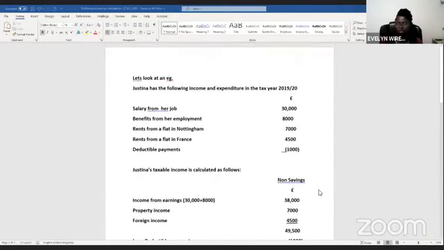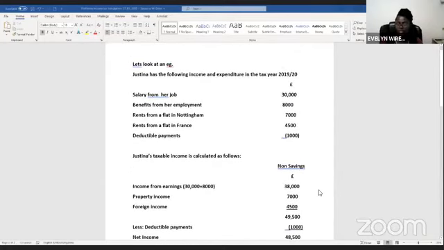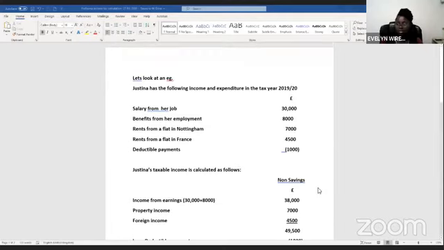Okay, let's have a look at what is on the screen. I've taken an example where Justina has the following income and expenditure in the tax year 2019-20. Let's say her salary from the job was 30,000.